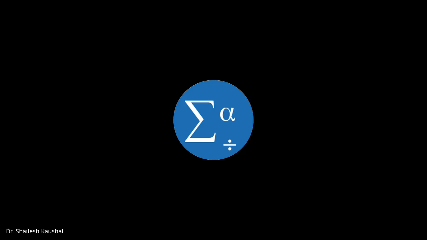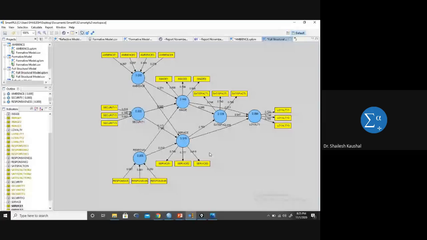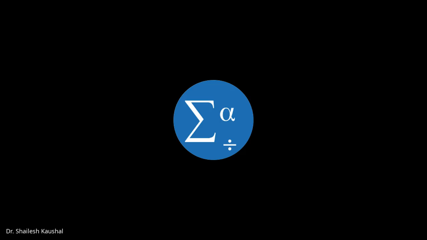Second is significance of the path coefficient. These are the path coefficients, like 0.947, 0.07, 0.75. We want to check the significance of the path coefficient, and we will see the total effect also.